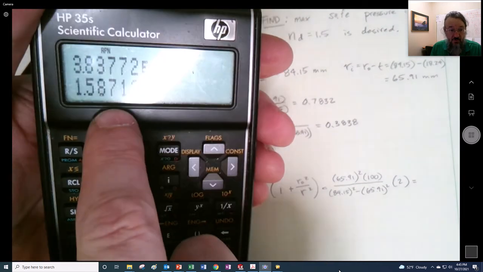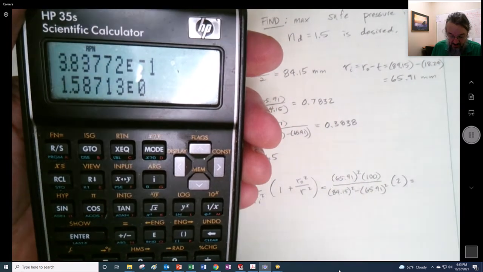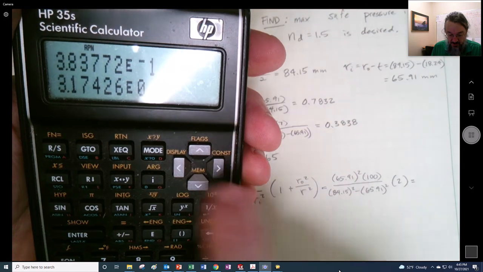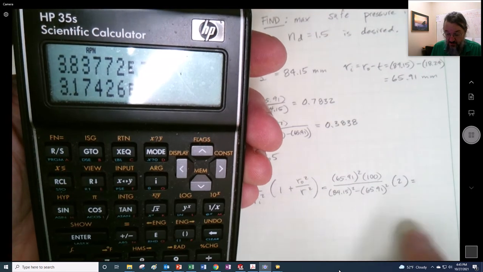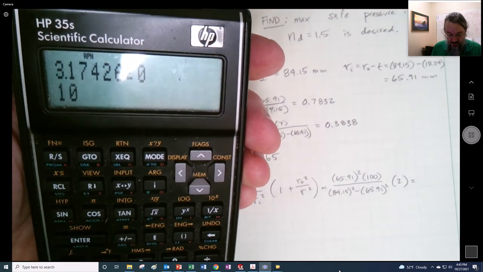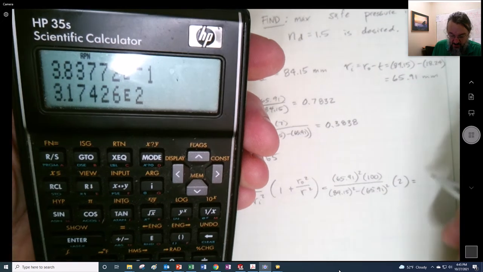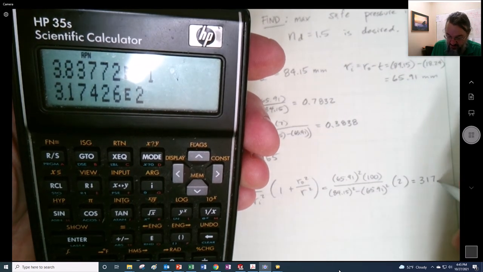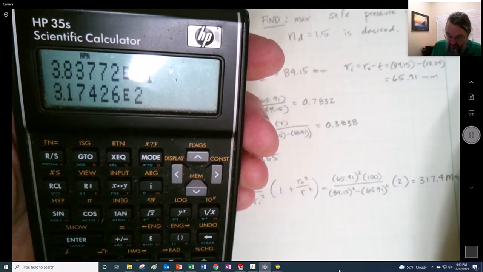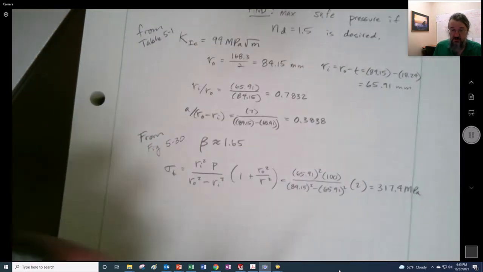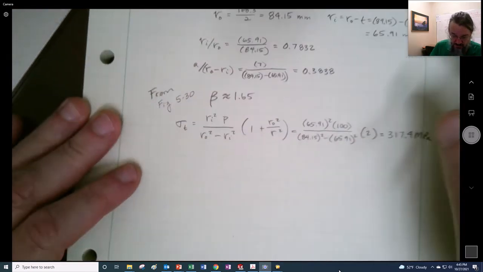That comes to 1.587, and multiplying it by 2, what we could just say is it's 3.174 times P, but we'll go ahead and multiply it by 100. And so we get 317.4 megapascals of hoop stress.